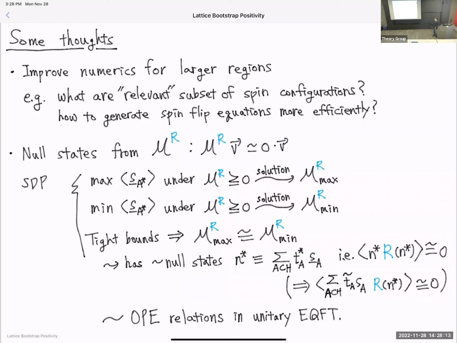Again, I don't have a convergence proof. But for some short correlation length system, it seems very natural to have these tight bounds because the correlation length is small.